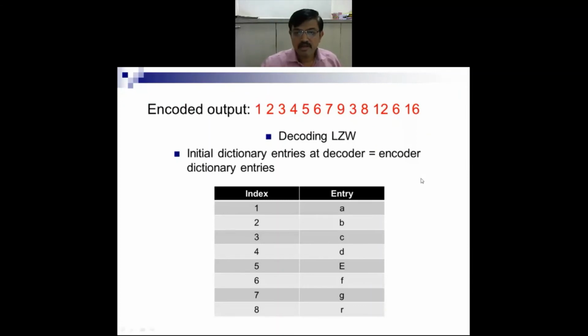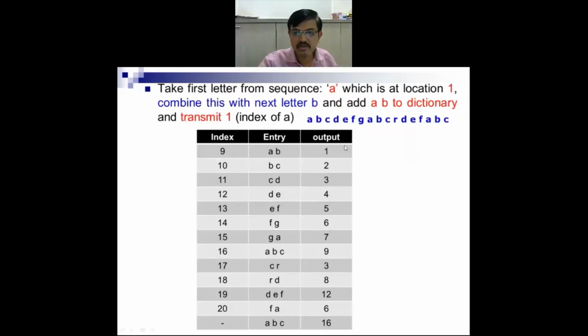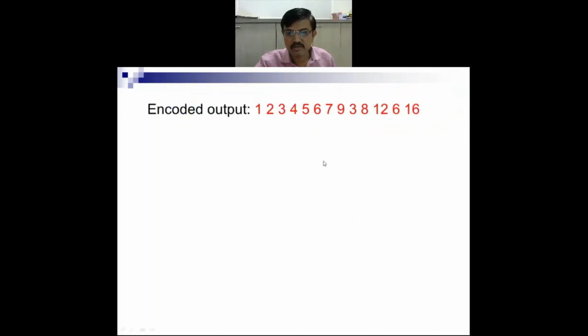Okay, now we'll understand the decoding. We have the earlier string which was encoded at the encoder side, which is A B C D E F G, A B C R D E F A B C. We have encoded it using Lempel-Ziv-Welch code, and the encoded output is 1, 2, 3, 4, 5, 6, 7, 9, 3, 8, 12, 6, 16.